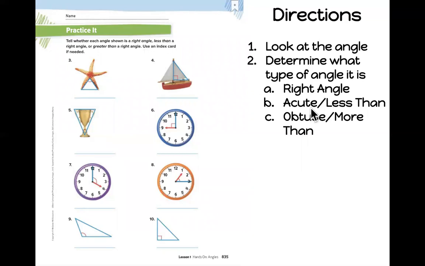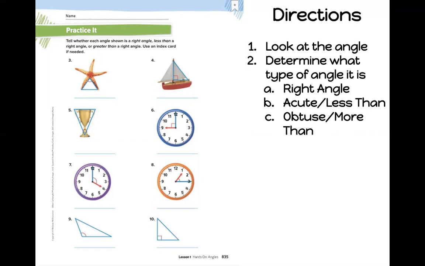Is it an acute angle, or another way to say that, a less than right angle? Or is it an obtuse angle, a more than right angle? You can write right, acute, obtuse, or you can write less than, more than.